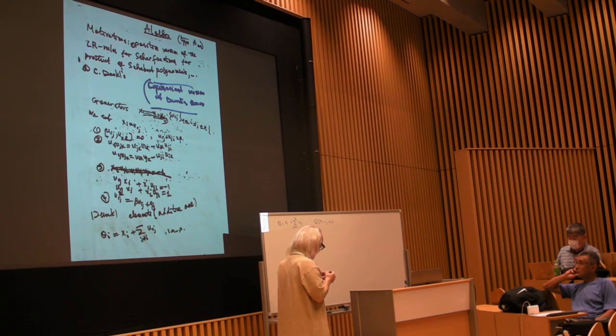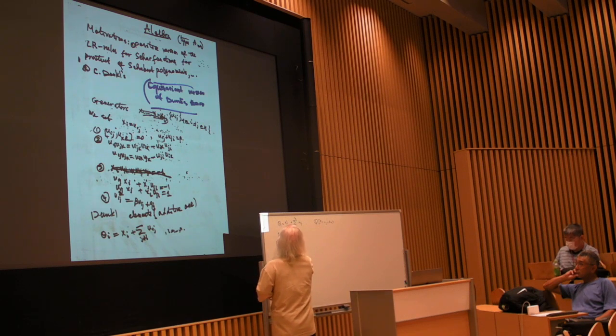These operators can be interpreted in many ways: as operators of multiplication by x_i, or as differential operators with respect to the variables x_i, or as shift operators, and so on. There are many interpretations of this element, with i from 1 to n.